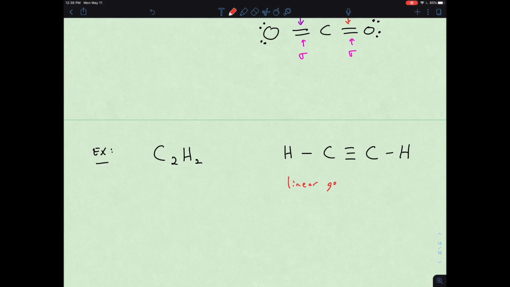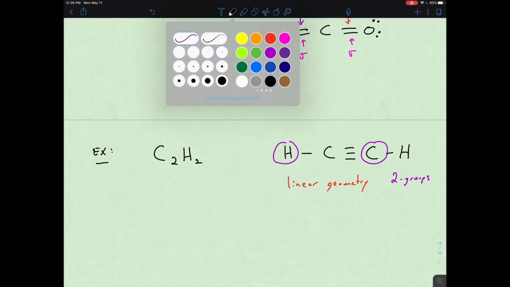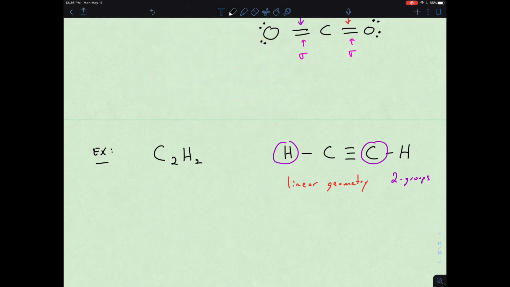We have a linear geometry. Each carbon atom has 2 groups around them. So we actually have a similar setup in terms of the hybridization for our carbon in acetylene C2H2, as well as carbon dioxide.